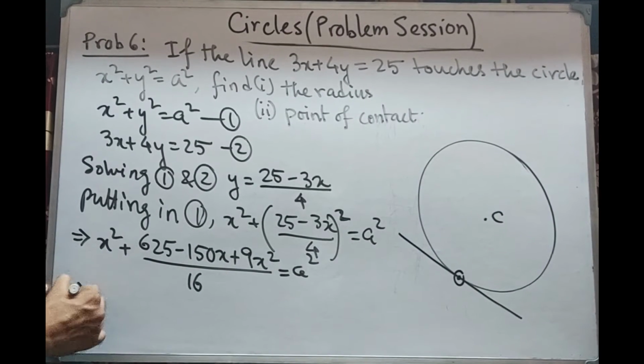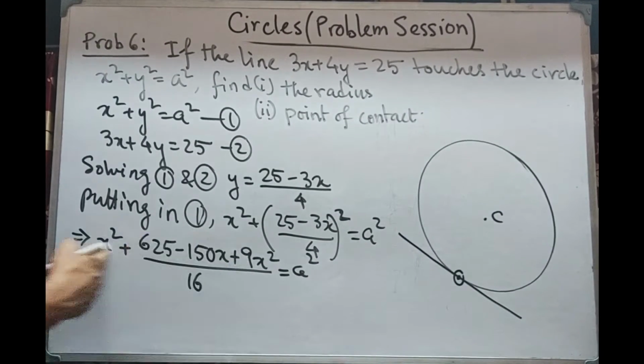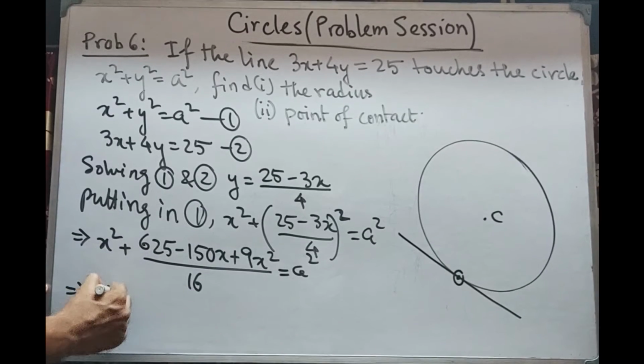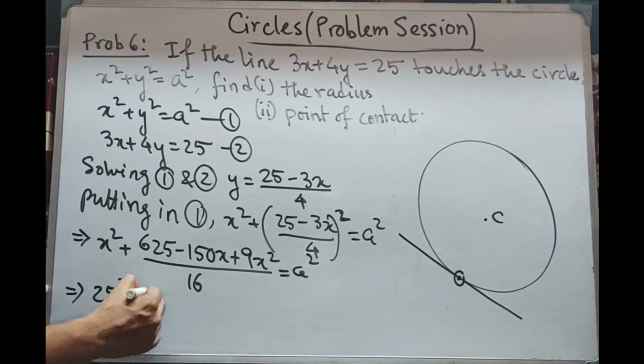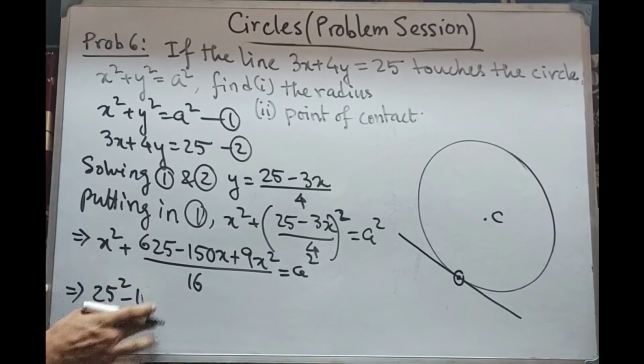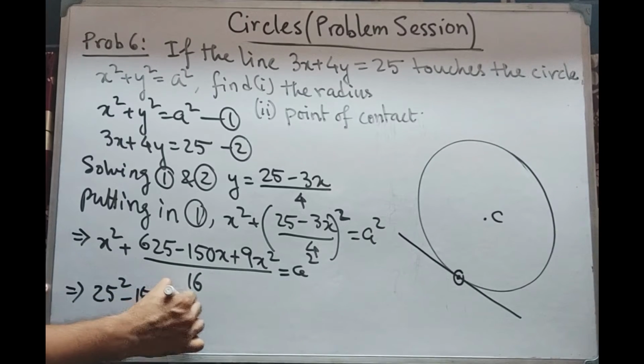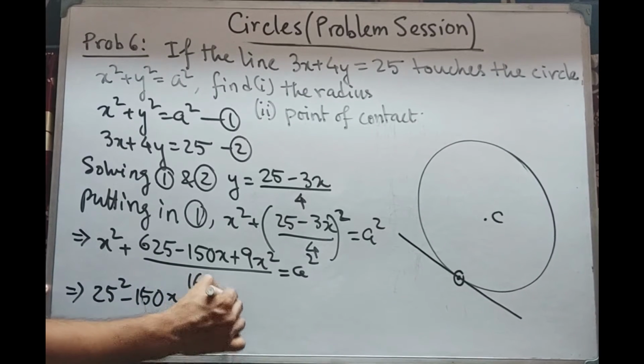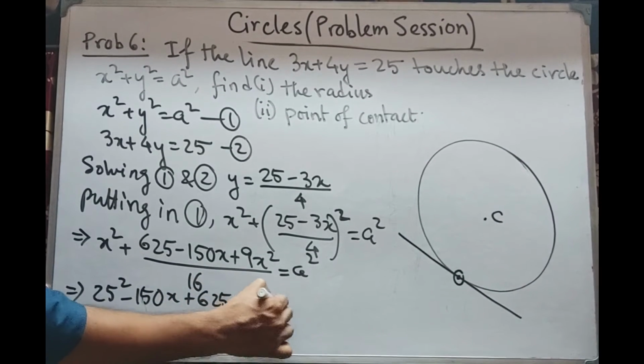So from here we can say 16x square plus 9x square, so 25x square minus 150x plus 625 is equal to 16a square.